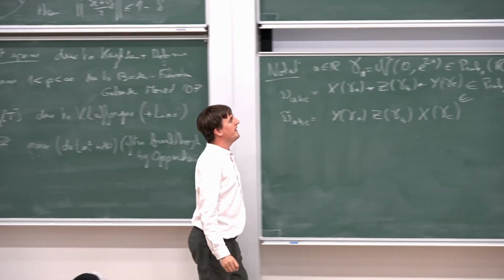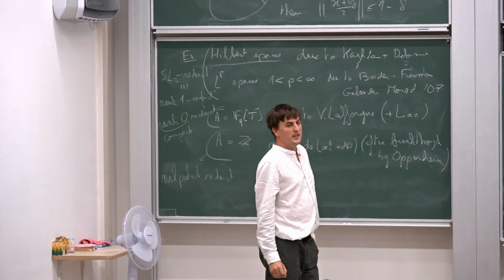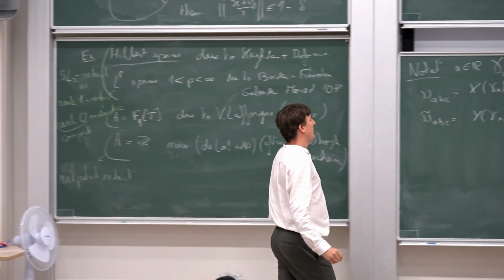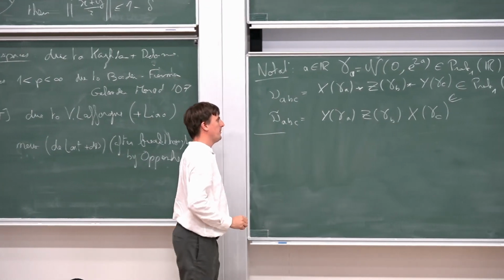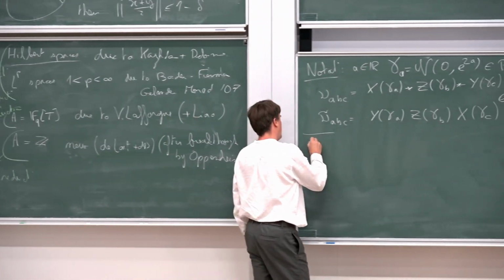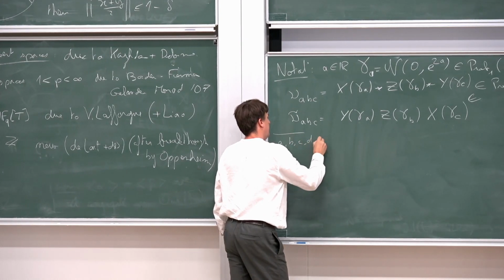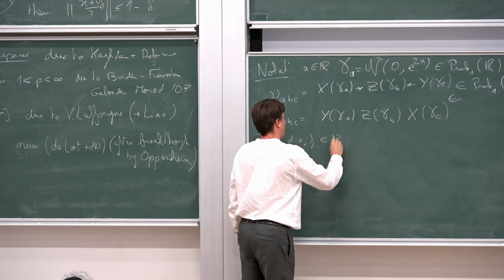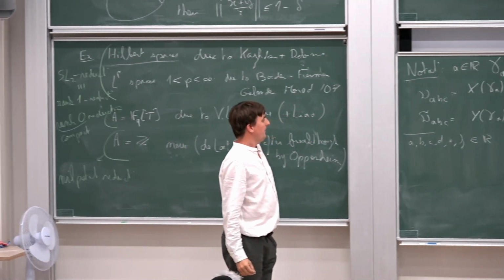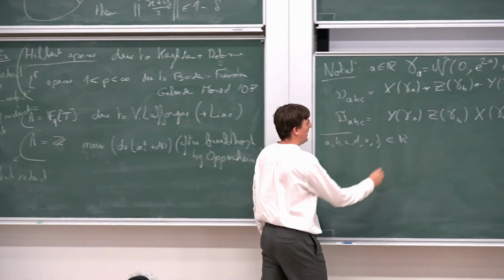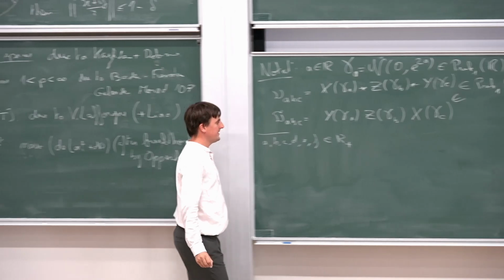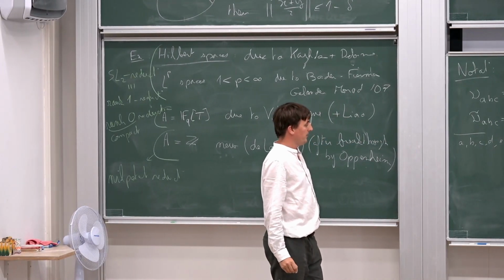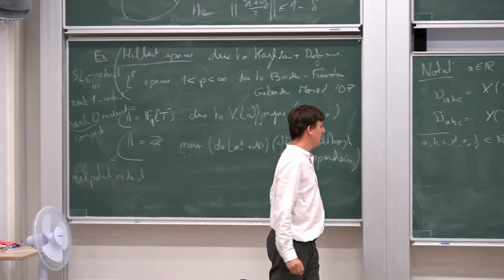And now I will define out of these probability measures on G. Now the notation becomes slightly more heavy. So if I take a, b, c, d, e, f, all real numbers, the notation makes sense for all real numbers, but I will only consider positive real numbers.